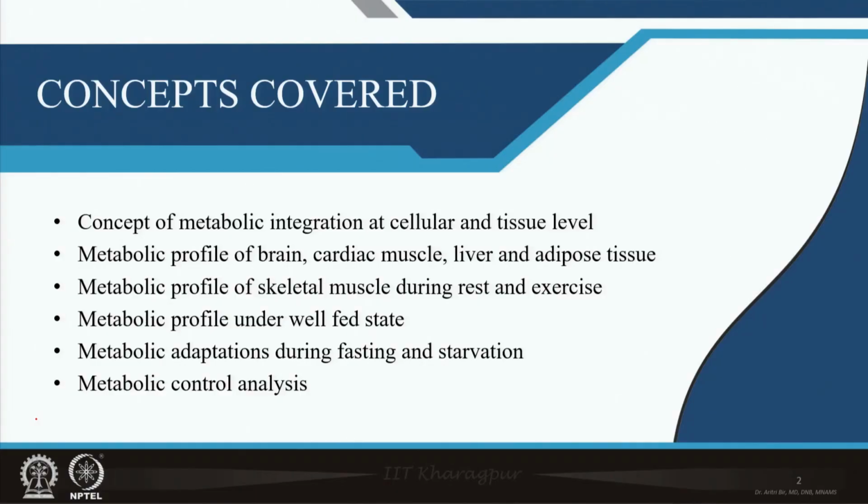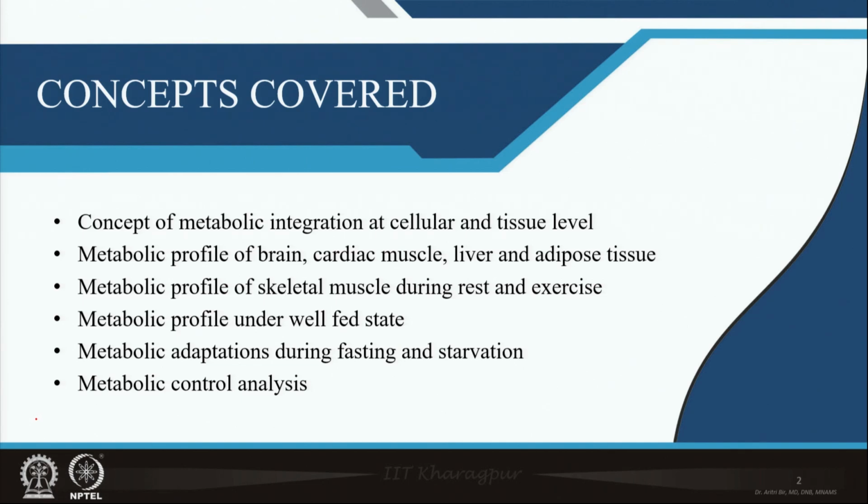The concepts here will be covered are the integration at both cellular as well as tissue level, then metabolic profile of different organs. The important organs are like brain, heart, liver and adipose tissue. Also the metabolic profile of skeletal muscle both during rest as well as exercise.